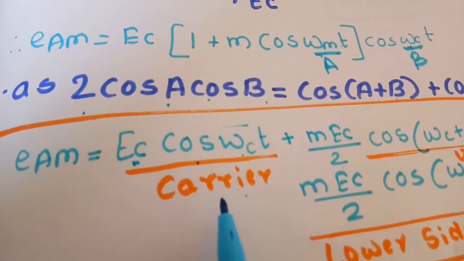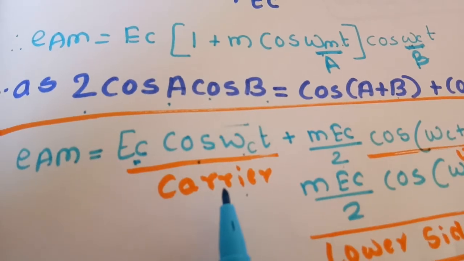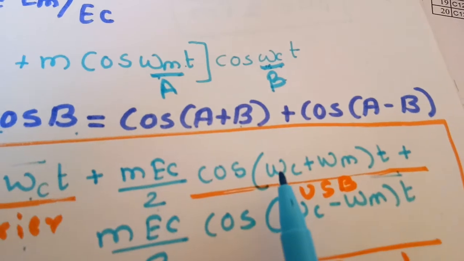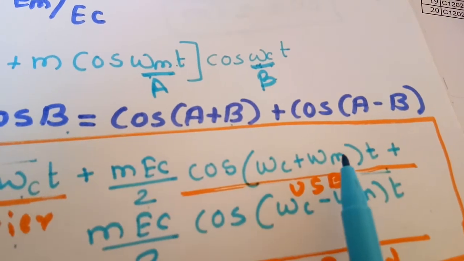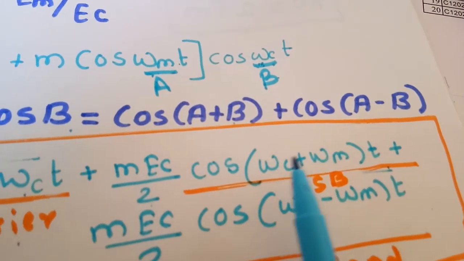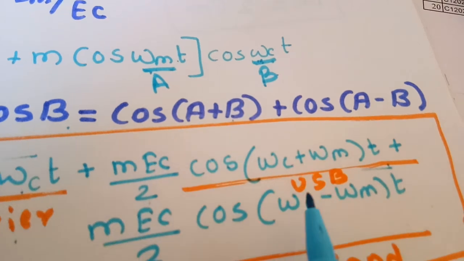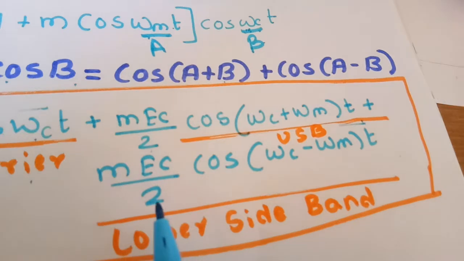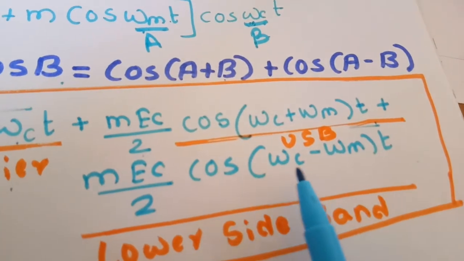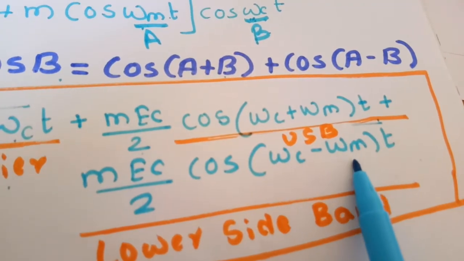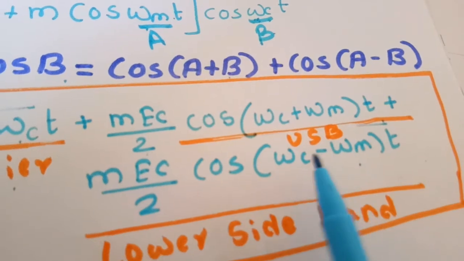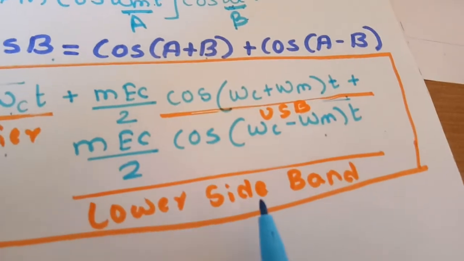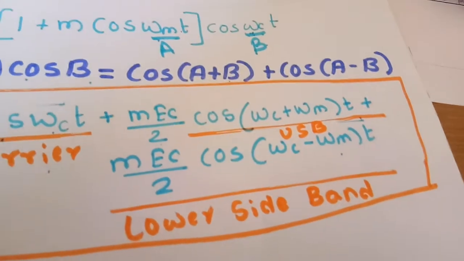The second component is omega c plus omega m. As the frequencies are added, this is called the upper side band component. The next component is omega c minus omega m, where we subtract the frequencies, and this is called the lower side band component of the signal.